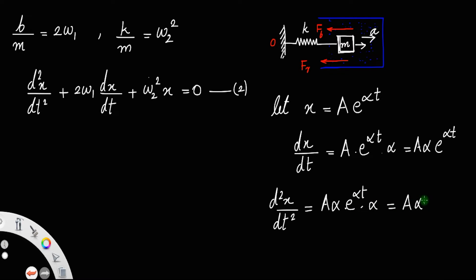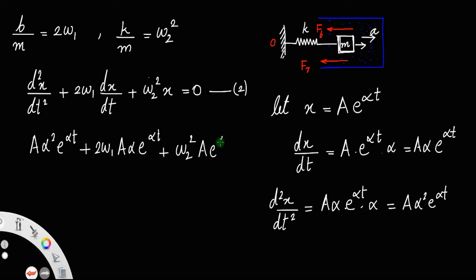So a alpha square e raised to alpha t. You can plug in all these values in here. So here it will be a alpha square e raised to alpha t plus 2 omega 1 a alpha e raised to alpha t plus omega 2 square x is equal to a e raised to alpha t equal to 0.